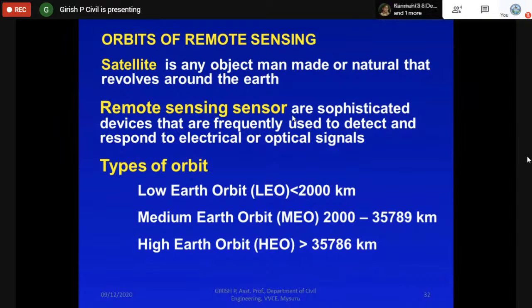If the path is in the order of 2000 to 35,789 kilometers, we call it MEO, medium Earth orbit. And more than 35,789 kilometers, the arbitrary path of the sensor system is called high Earth orbit.